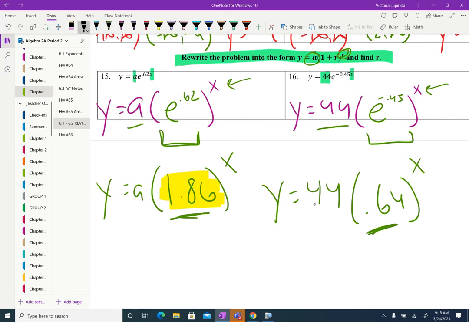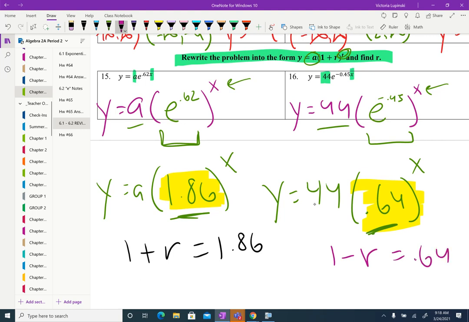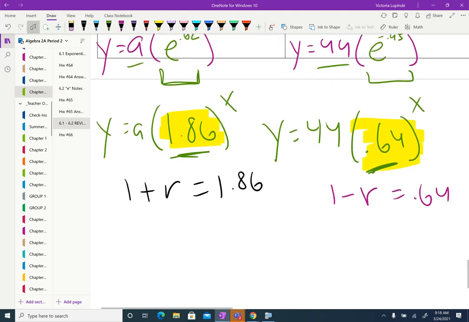1.86 is bigger than 1. So 1 plus r equals 1.86. 0.64 is less than 1. So you're going to do 1 minus r equals 0.64. Subtract the 1, you're going to get 0.86.